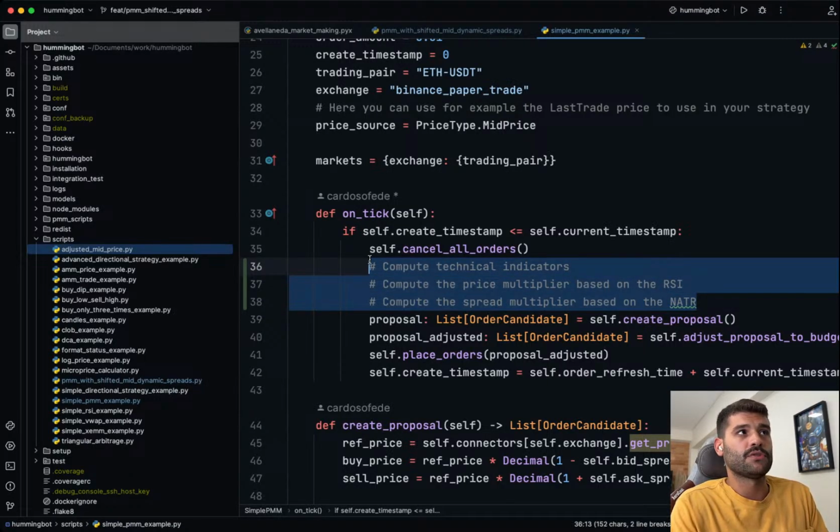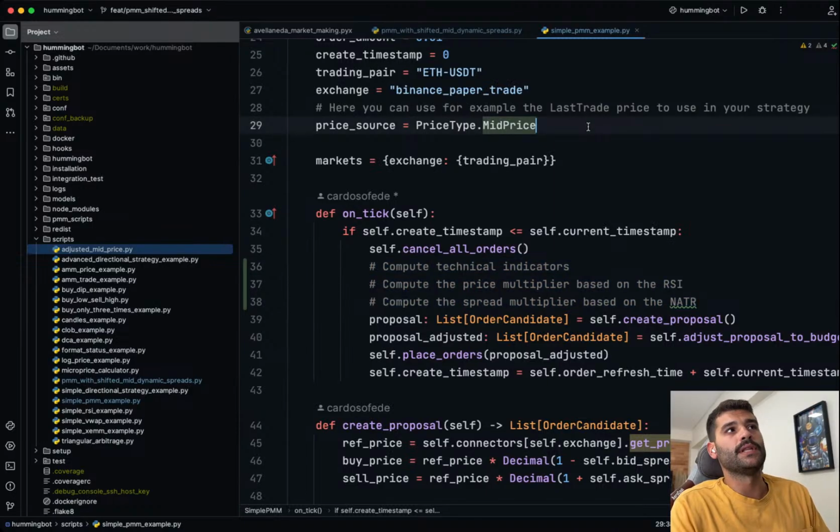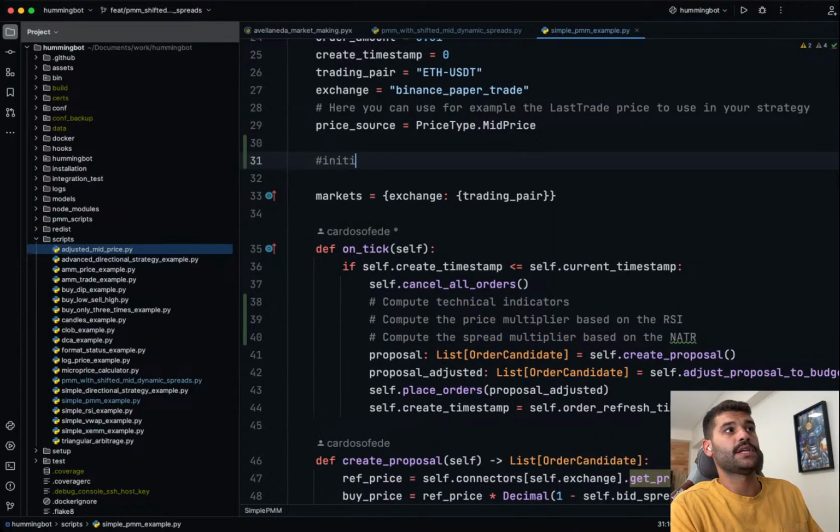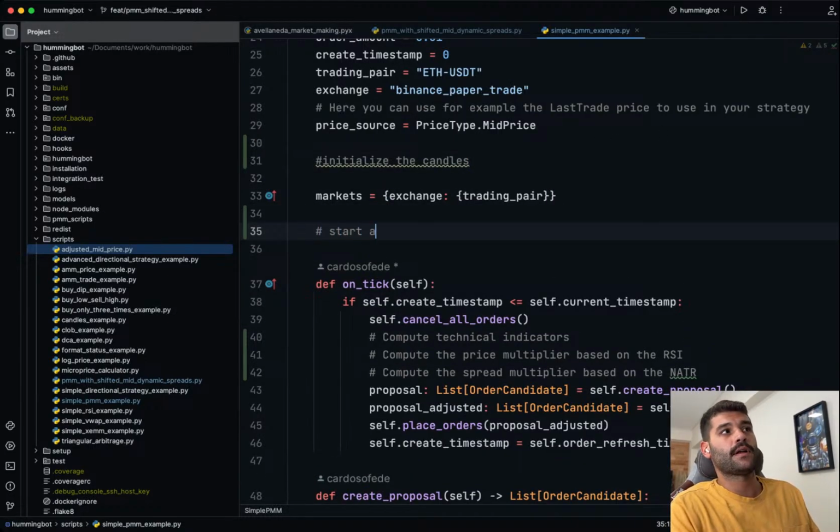This is what we should be doing. Also, we will need to initialize the candles here. That's another thing that we have to do. We will need to start and stop the candles when the bot starts and when we run the stop command. This is another thing that we should be doing.